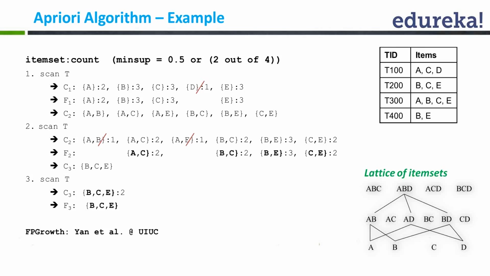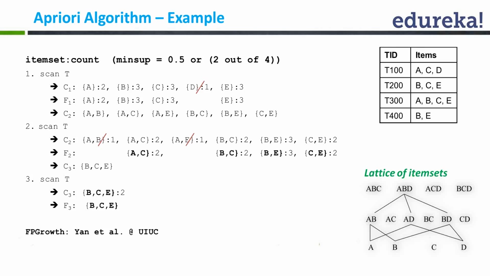Now, you can make one important observation. We crossed out D, right? Because it's no longer frequent. Its occurrence is so low that we don't care. Now, the next step of the algorithm tries to create two item sets. Just think about it. If D is not frequent, can AD become frequent?